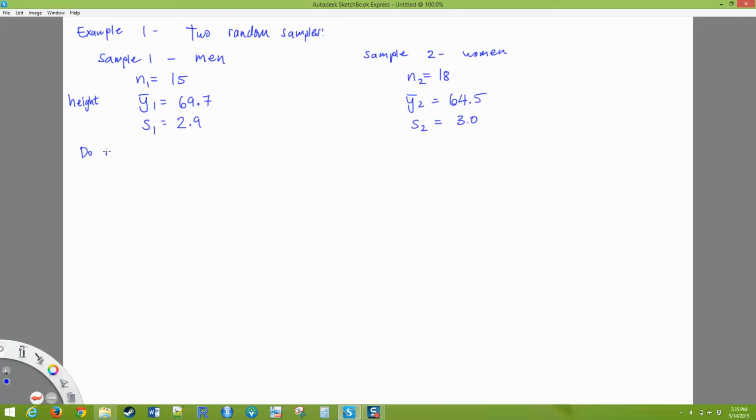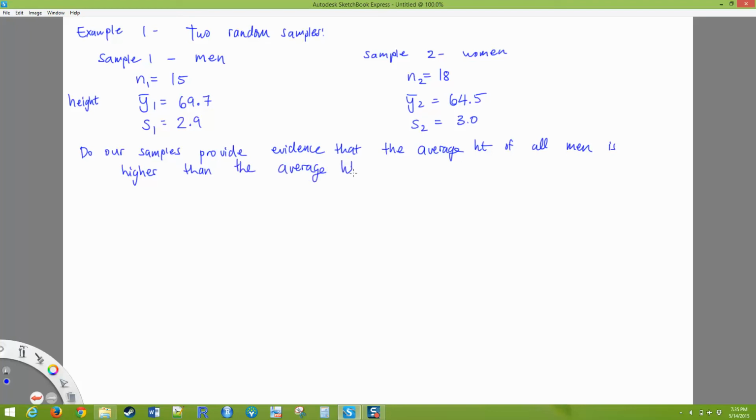do our samples provide evidence that the average height of all men is higher than the average height of all women?